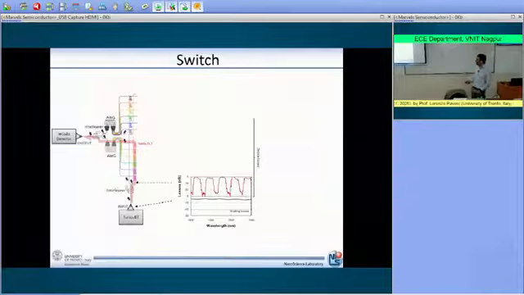Then you can move on, and what you measure is the transmission of the interleaver. You see that in the interleaver you are able to separate the odd from the even channels, and so on and so forth. So the interleaver is working as desired.